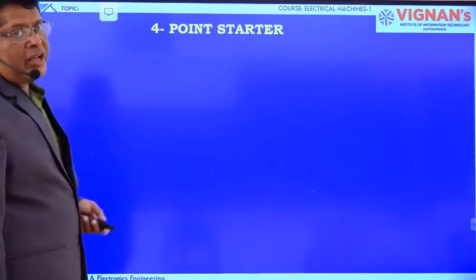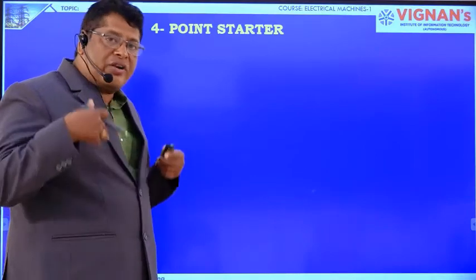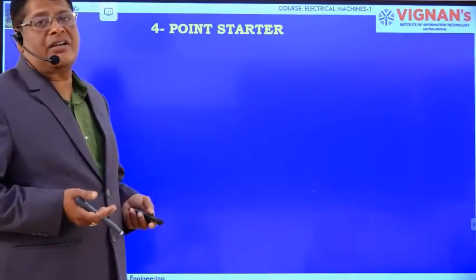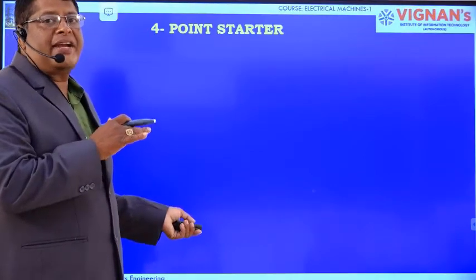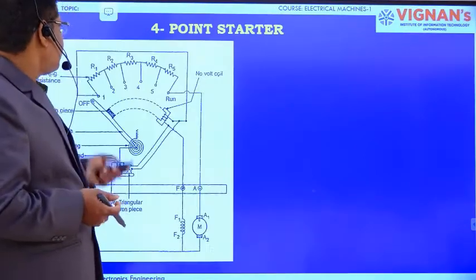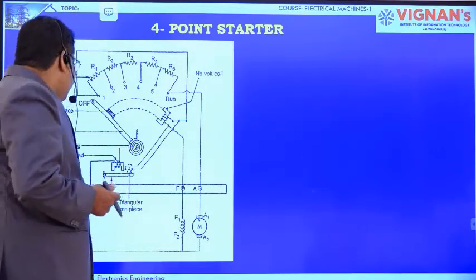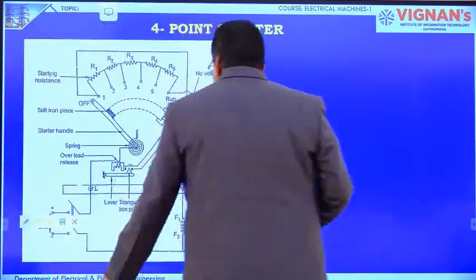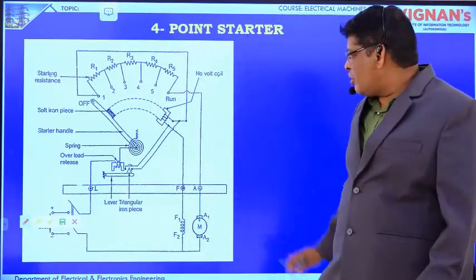Now we are going to see what modifications we have made in a 4-point starter to overcome the drawback of the 3-point starter. First, let me show the 3-point starter. In a 3-point starter, see here, starting. This is the 3-point starter, and we have already seen this circuit diagram.